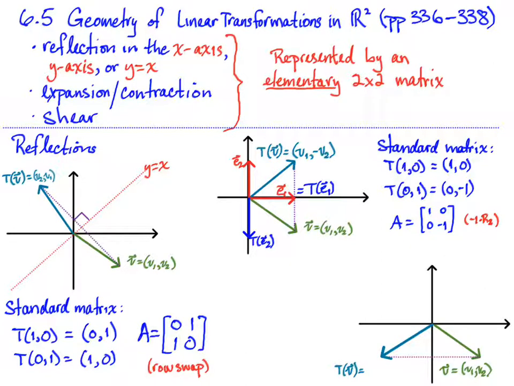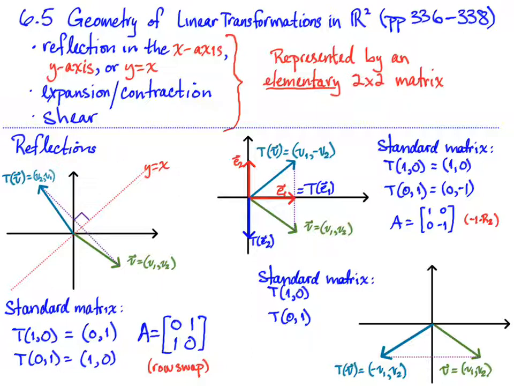Well, the second component stays the same, and the first component just goes to the opposite, or negative v1. So T of v1, v2 becomes negative v1, v2.